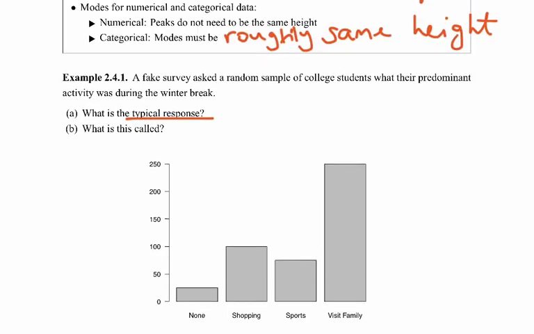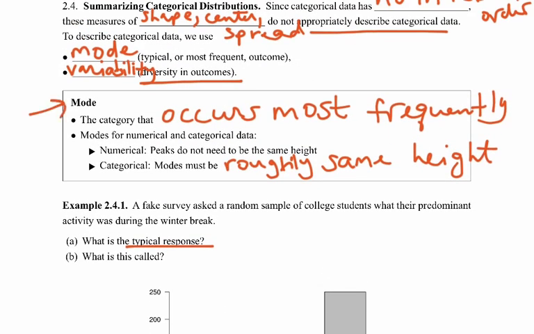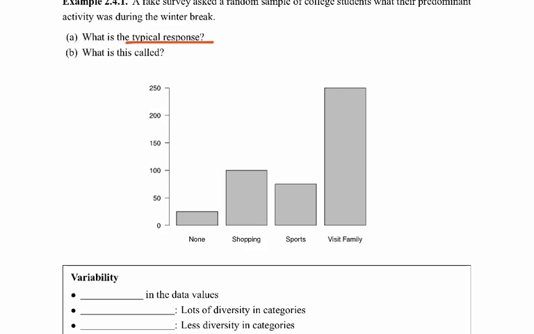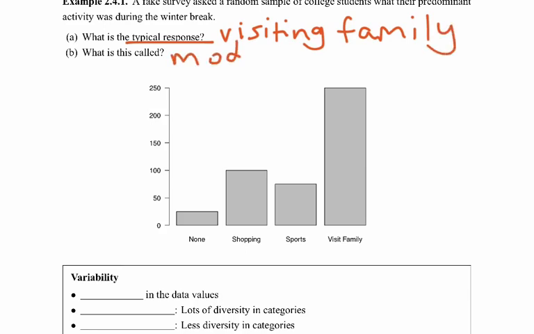Typical, we can think of that as our mode. Same idea. The easiest way to tell is where is the highest bar, and you can see that would be visiting family. So a typical response for students in this survey was that they were visiting family. What is this called? Of course, this is called the mode.